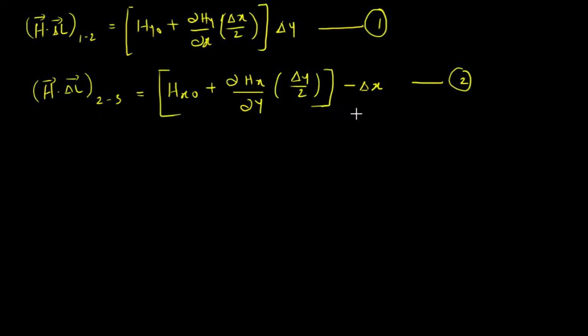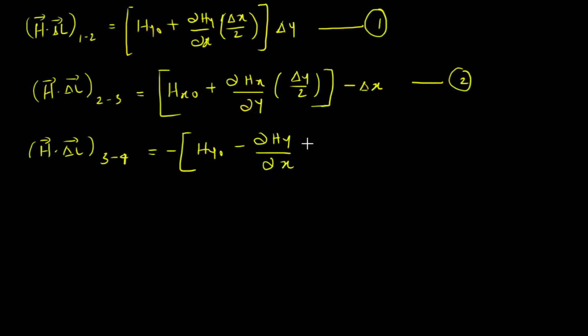Similarly, I have to do the other sections, so I'll directly give you the equations. You please verify it. So H dot delta L 3 to 4 will come as minus of Hy naught minus del Hy, the variation of Hy along x direction for a distance of delta x by 2, into delta y.